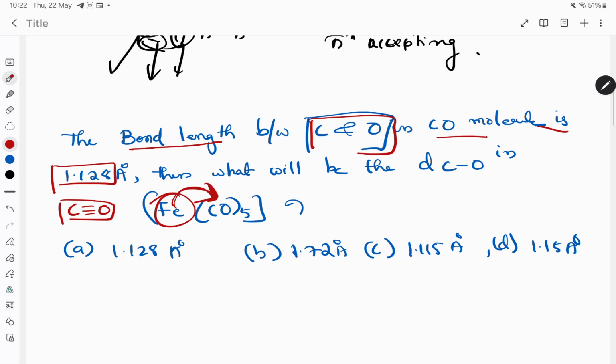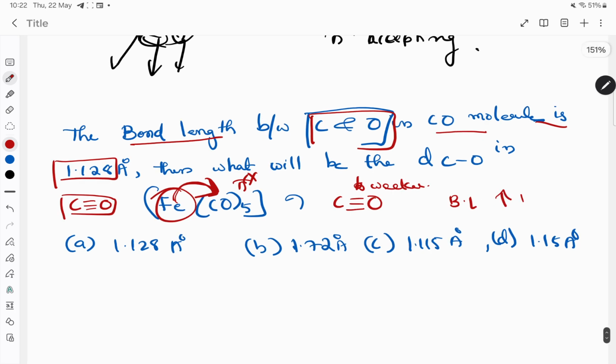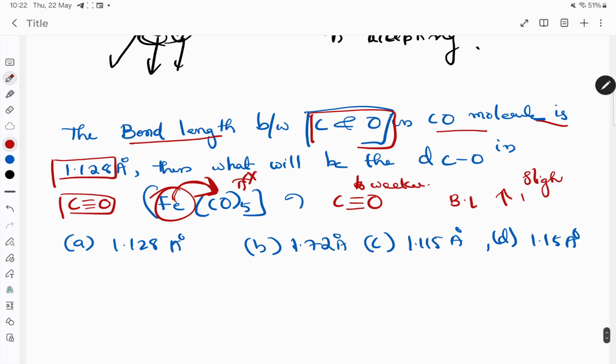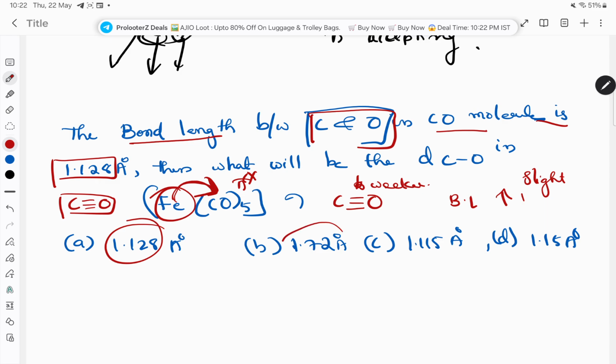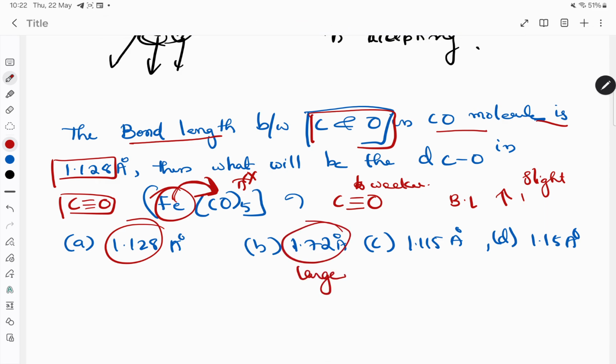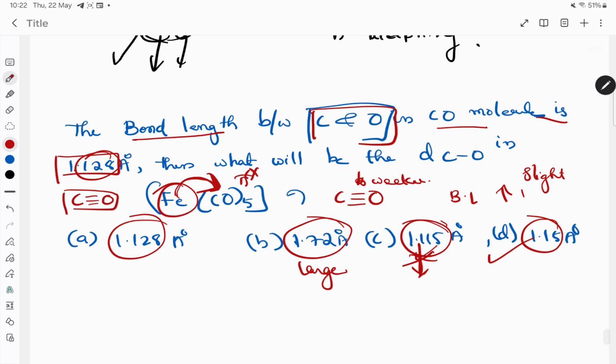When back bonding happens, the pi star of CO is filled, so the CO bond becomes weaker. If it becomes weaker, the bond length will increase, but only slightly, not a very large increase. Here you can see there is no change, here a large increase, here a decrease, 1.128 to 1.115, and here a slight increase. So the answer will be this. Okay, thank you.